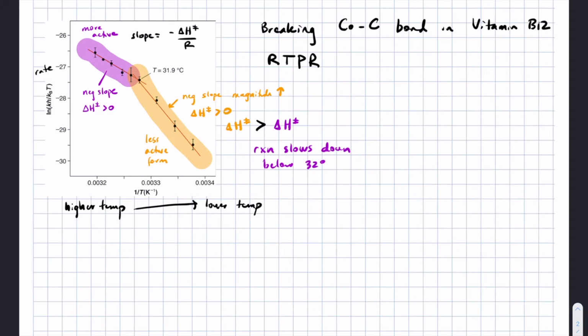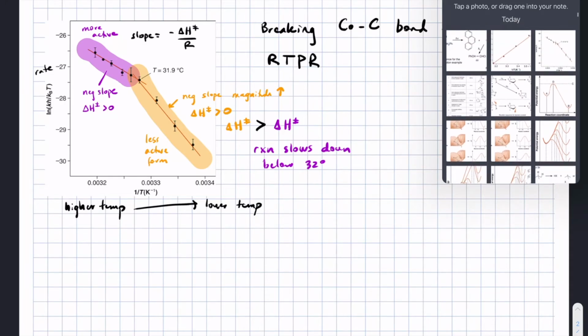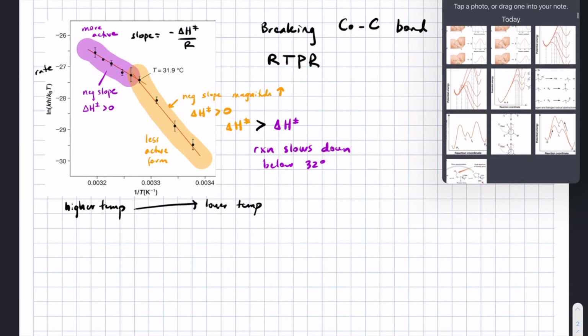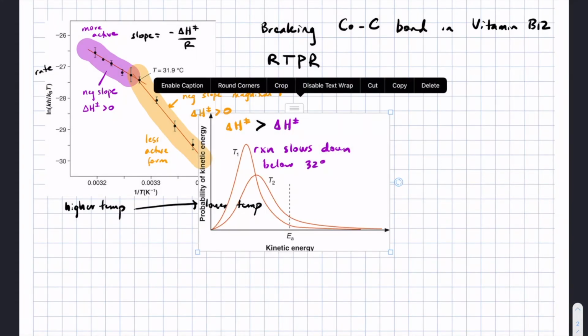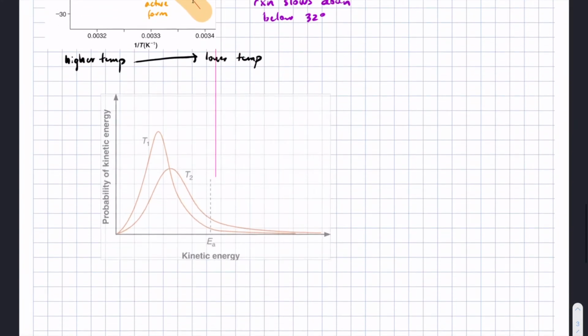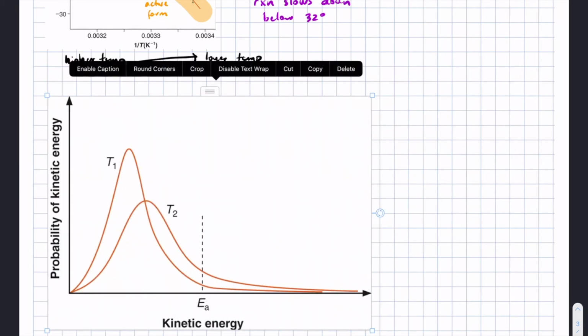The basic reason that the rate changes in that linear region is because as you increase temperature, you're increasing the kinetic energy available to molecules on that potential energy surface. So here you've got two different temperatures.